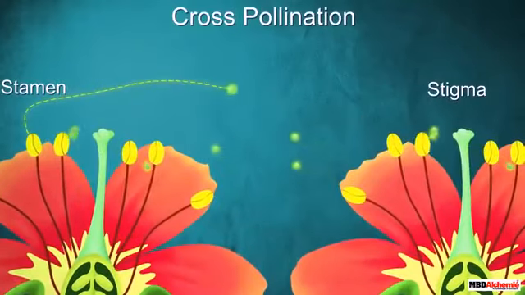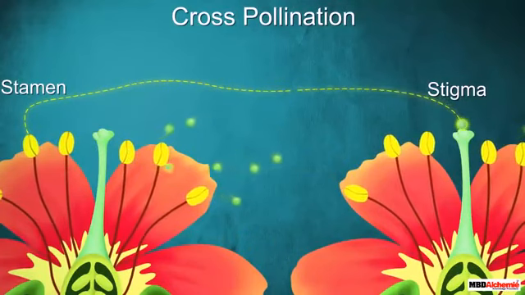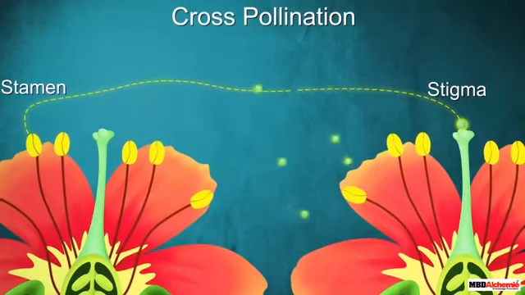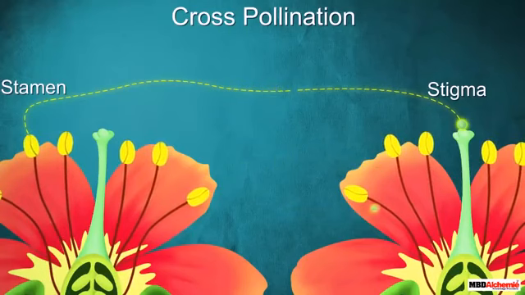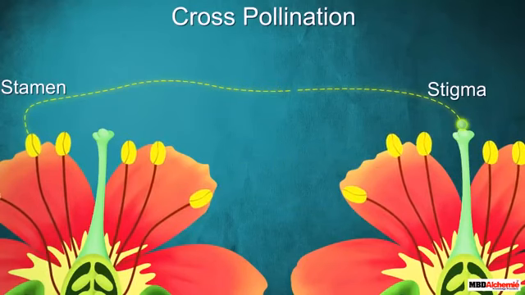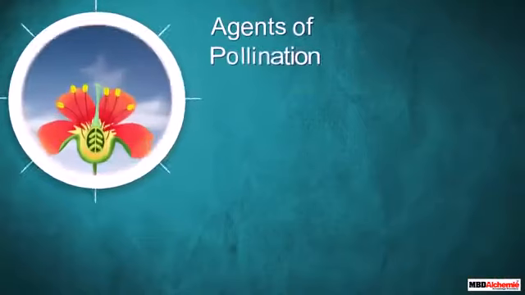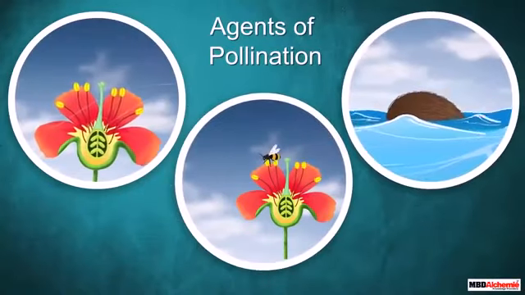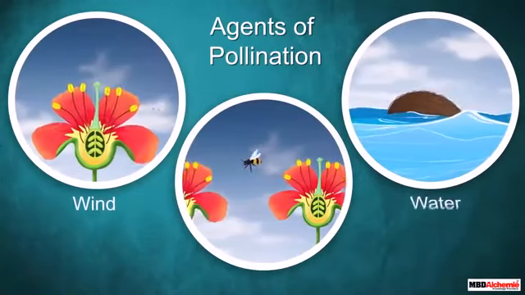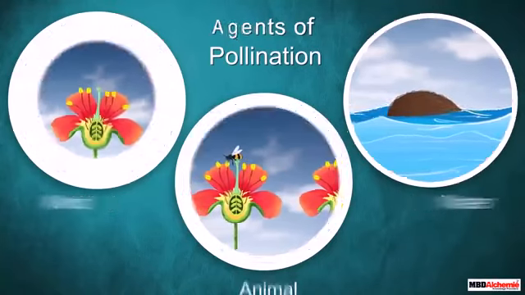But if the pollen grain of a flower lands on the stigma of another flower of the same or another plant of the same type, it is called cross-pollination. Pollination occurs with the help of different agents like wind, water, or animals.